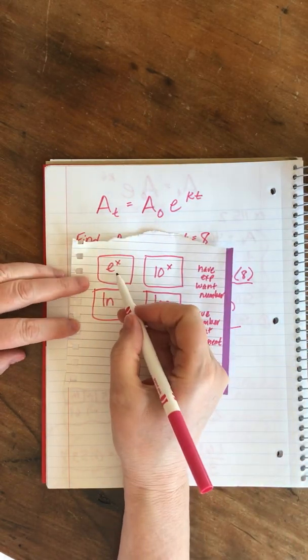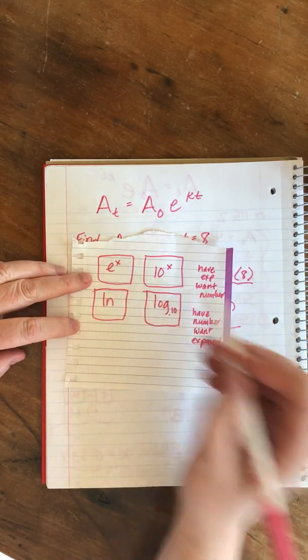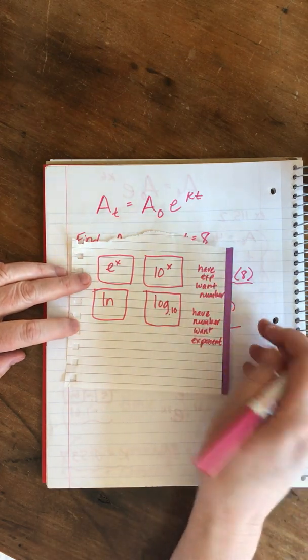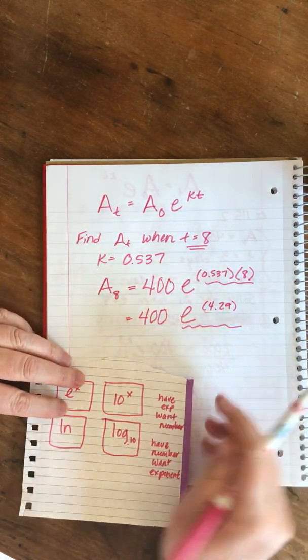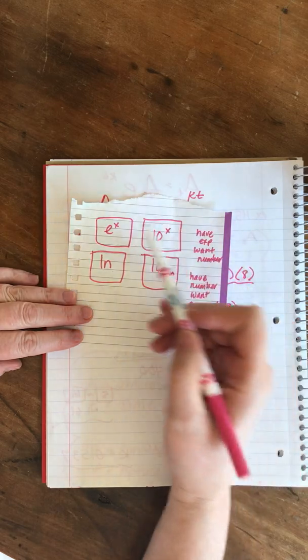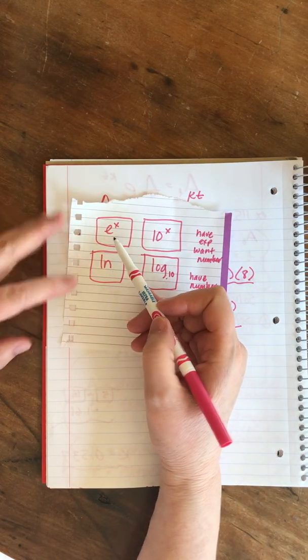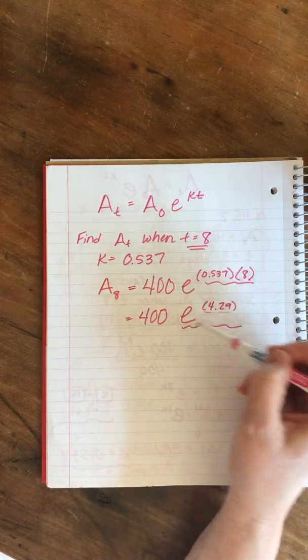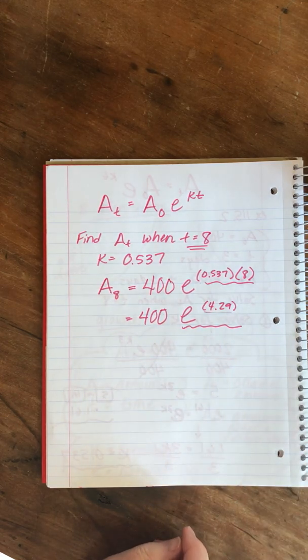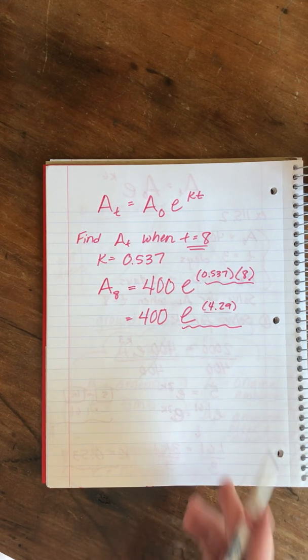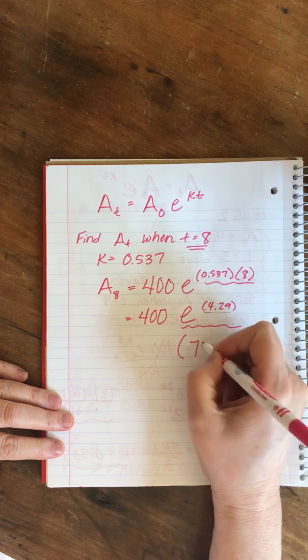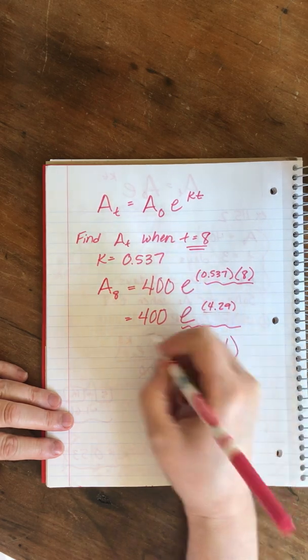I'll be using this button, right? Because I've got the exponent, I want the number. So I'll enter my exponent of 4.29, then I tap this button, and that will tell me the value of this expression, which is 73.4. Follow along on your calculators and make sure it's working.